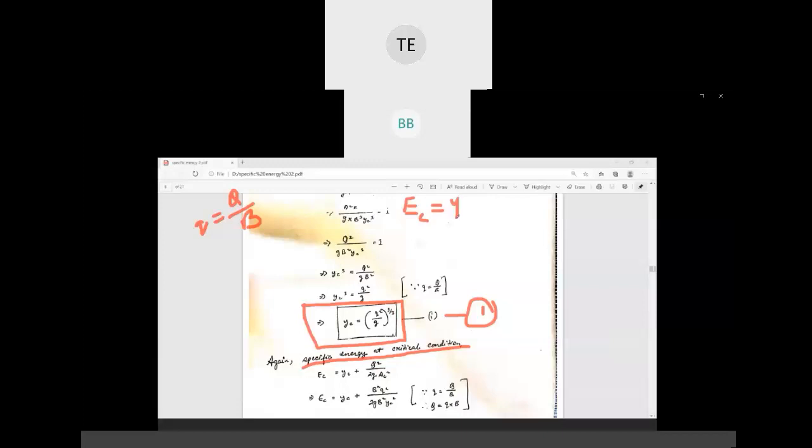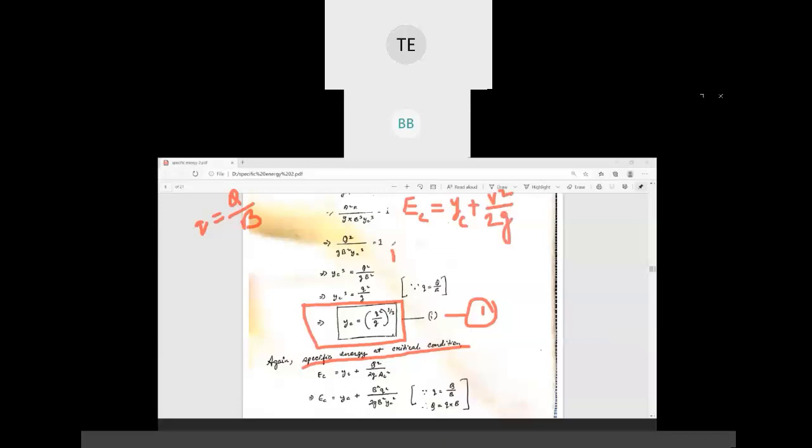As we are going to consider the specific energy for critical condition, this depth of flow will be your critical depth, plus V square by 2G, that is your kinetic energy head.